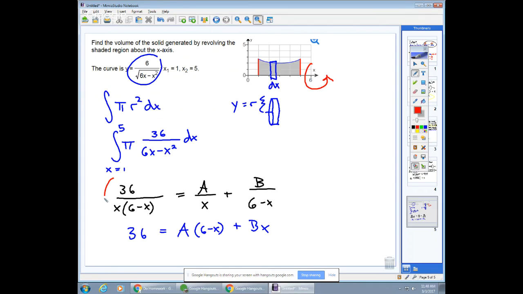So keep in mind, we are multiplying both sides by x times 6 minus x, the common denominator. And I think this is a great place to use convenient values of x. So for example, if I let x equal 6, then this term goes away. So over here, I'll just make a note. x equals 6 gives me that 6b equals 36.